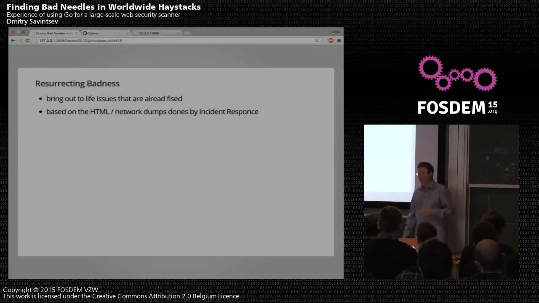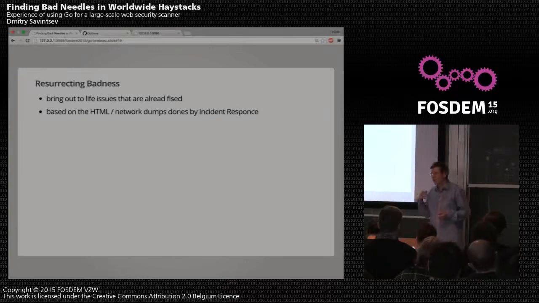This was awkward because developers have other more important things to do. So now we do it this way. Our incident response team, when they triage those issues, saves the output and adds it to the bug. Even if it's fixed, I grab this HTML dump, convert it to a Web Lab test, and then I can play with it as much as I want.